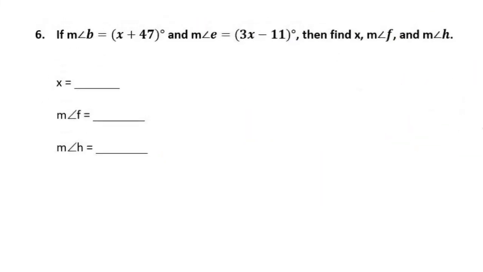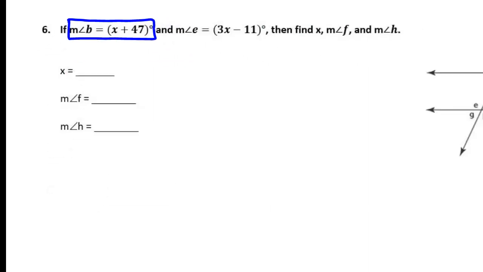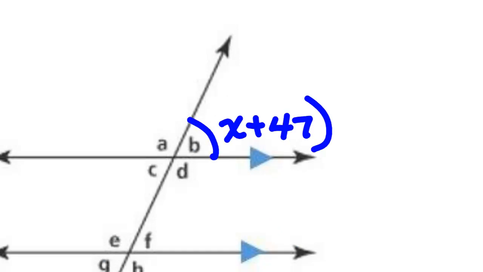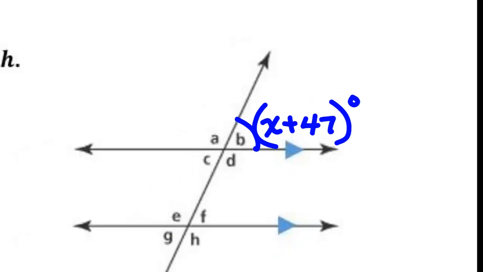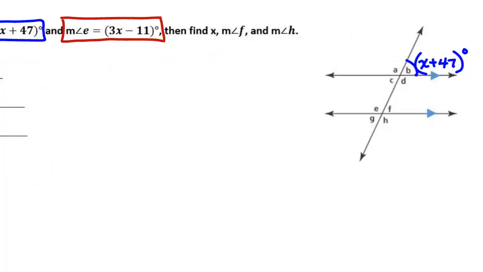All right, on number 6, they tell me that the measurement of angle B is x plus 47 degrees. And they tell me that the measurement of angle E is 3x minus 11 degrees.